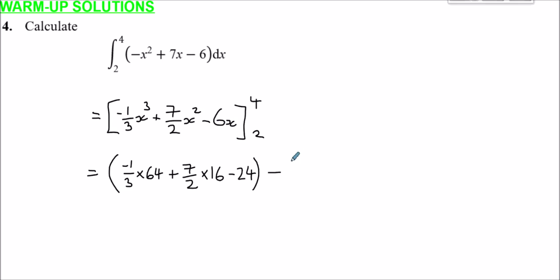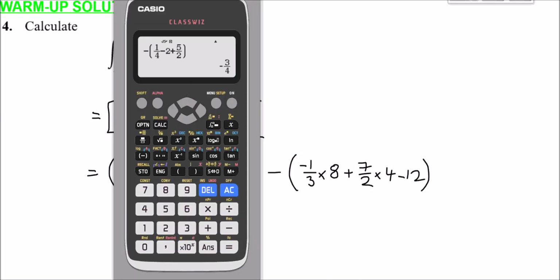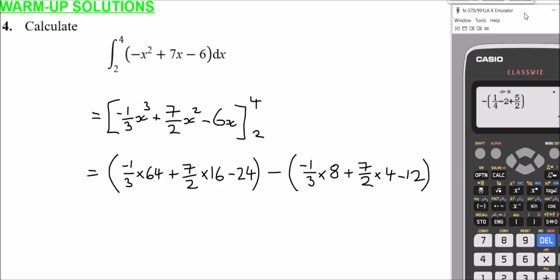Then we're going to minus off the lower limit bound when x is 2. So when x is 2, minus 1/3 x cubed is minus 1/3 times 8, because 2 cubed is 8. Then plus 7 over 2 times 2 squared, 7 over 2 times 4. Then minus 6 times 2 is 12. So bash that into our calculator, see what drops out, and that'll be our solution.